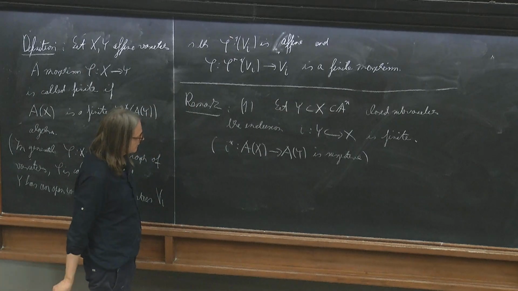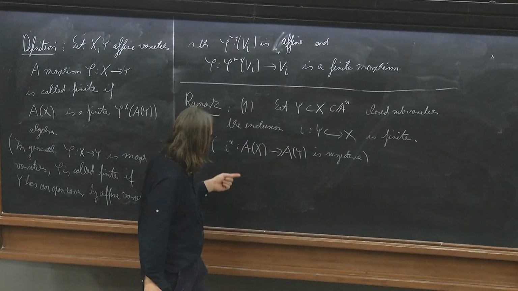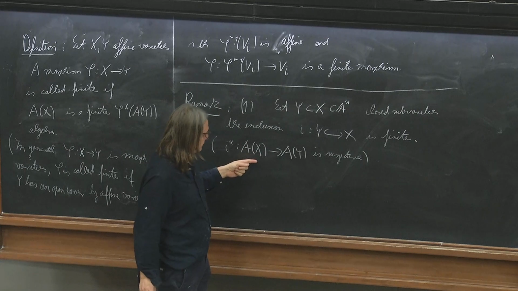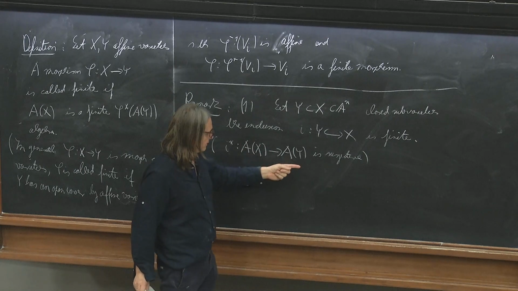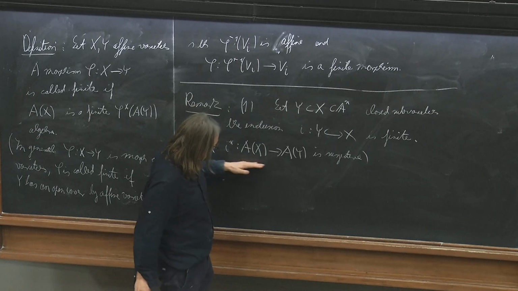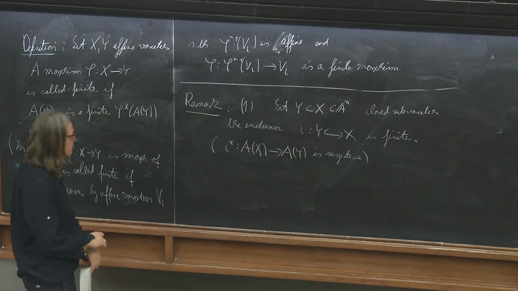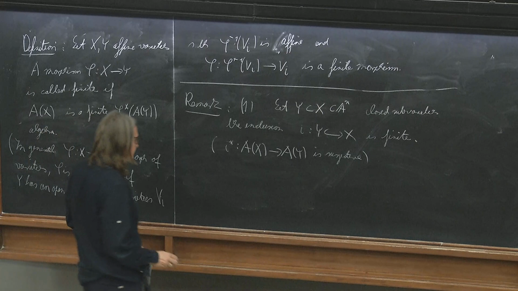This follows essentially directly from the definition, because A(X) is k[x1 to xn] divided by the ideal of X, and A(Y) is the same k[x1 to xn] divided by a bigger ideal, and so this is just the further restriction, and so this is certainly surjective.